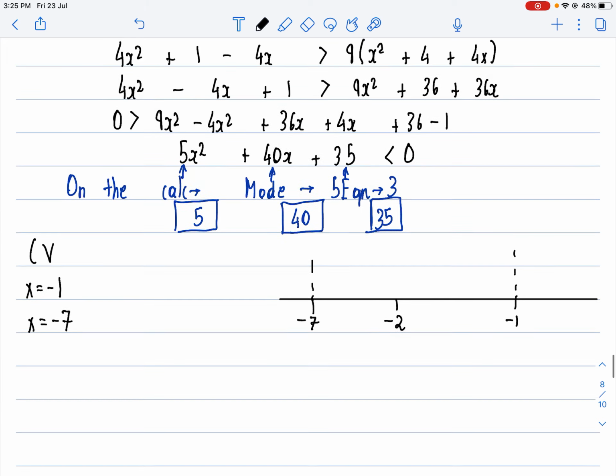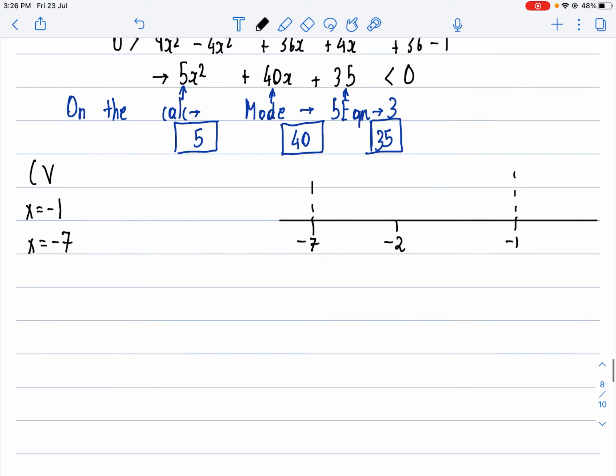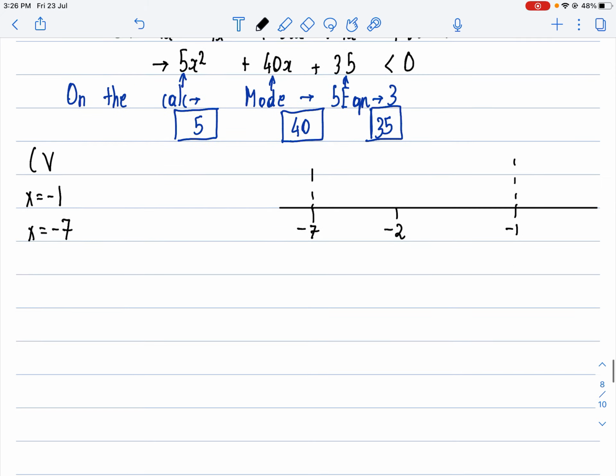Now I can plug in minus 2 into this quadratic. So I get 5 into minus 2 the whole square plus 40 into minus 2 plus 35. When I do that, I get my answer as negative 25, which is a negative answer. So I get a negative sign here.